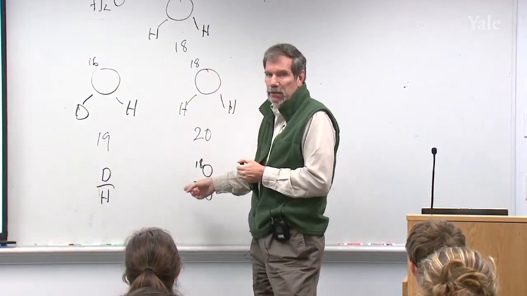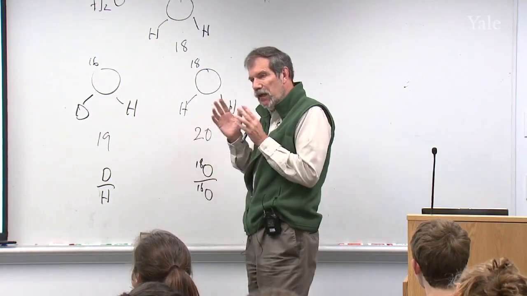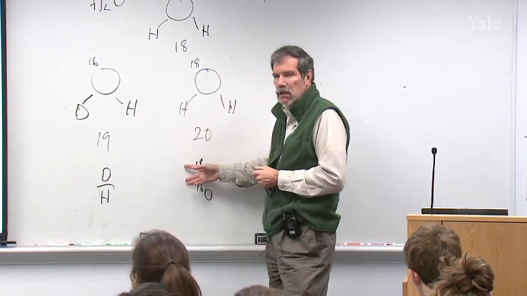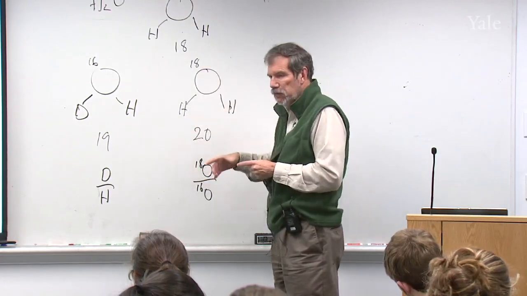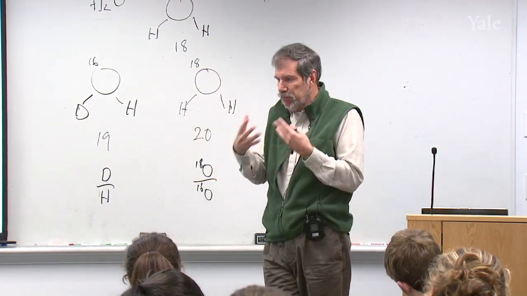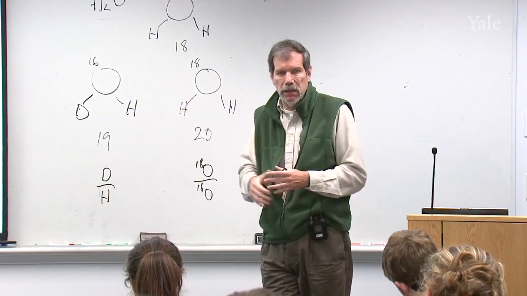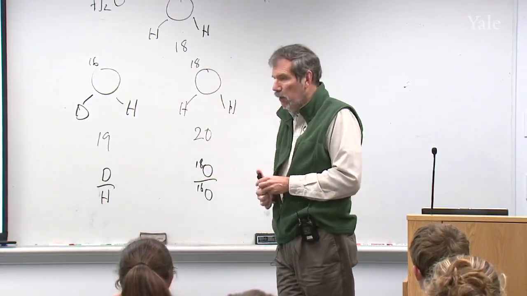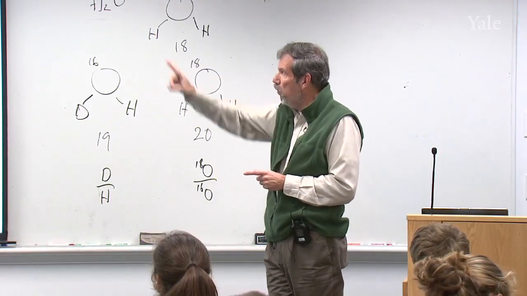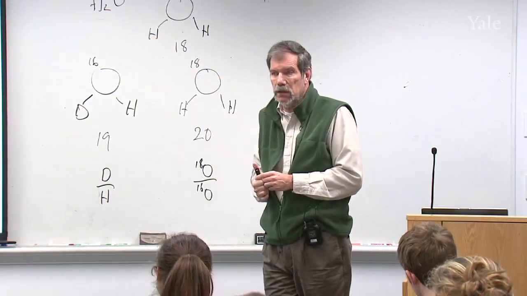These are called stable isotopes because they remain. They don't have any natural decay. They just exist in these different mass forms, and they persist over millions and billions of years. So these are the stable isotopes. In this case, I would call these the stable isotopes of water, which is what I've labeled this slide.